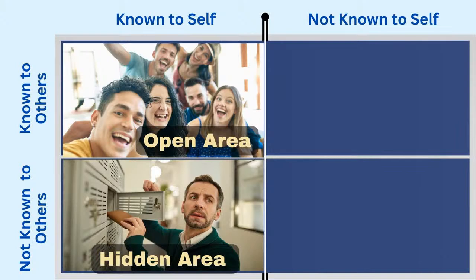So there is an open area where you know, others know, and the hidden area where you know, others do not know. Hidden area, is it clear? Let's all mention that. All of us have a hidden area. Hidden area means I know and others do not know.